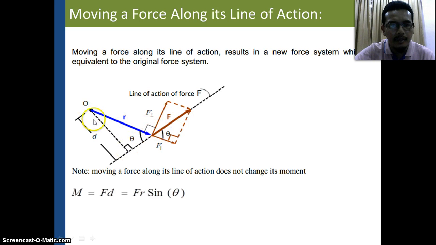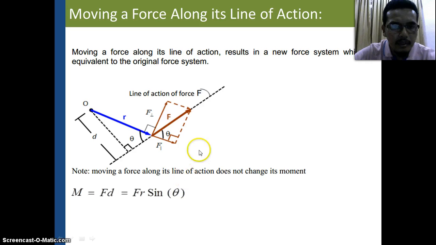So we have the D here. This line of axis should be perpendicular to this line of action. So we need to find this distance by using the angle theta and R. So R multiplied by sine theta, you get this D. So D multiplied by F, we have FR sine theta.